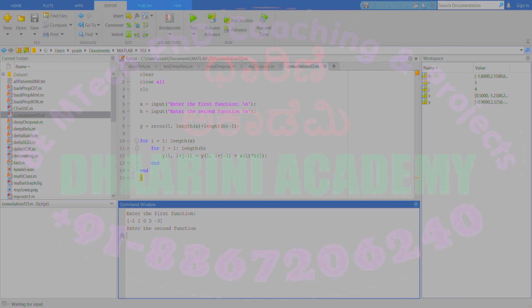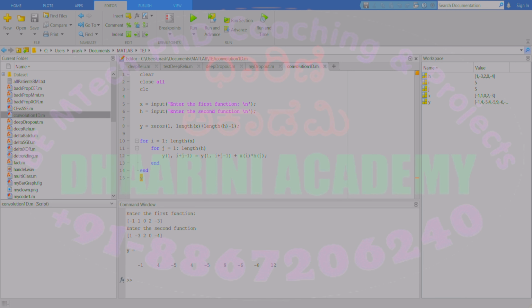Second one, 1, minus 3, 2, 0, minus 4. Okay, just verify everything. So it's minus 1, 4, minus 5, minus 5, 9, minus 6, minus 8, and 12. Perfect. All right, so that's all about one-dimensional convolution.